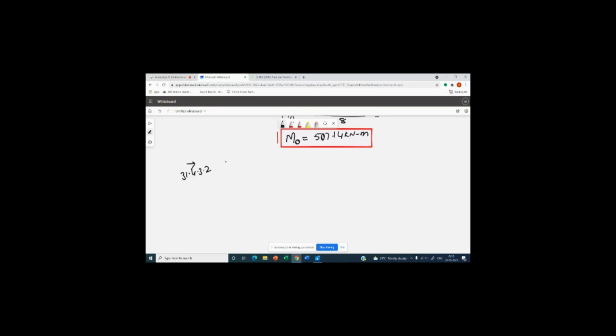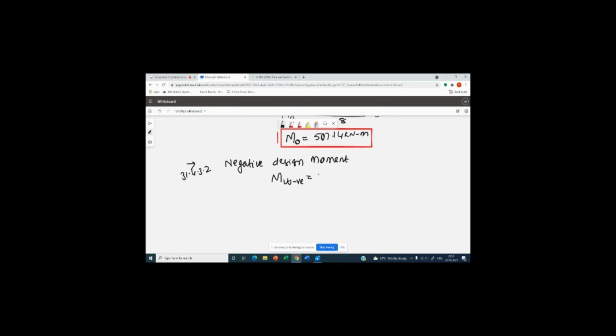Total negative design bending moment, or the design moment, I can say. Okay, so we will represent it like this: Mu total negative portion.